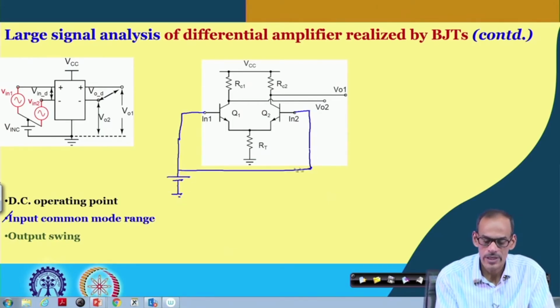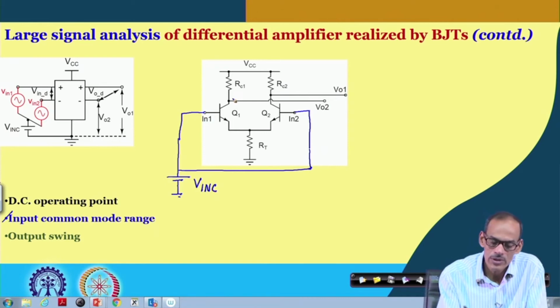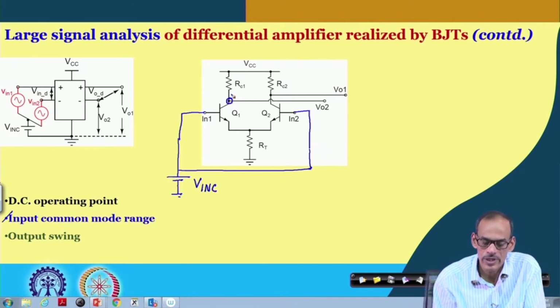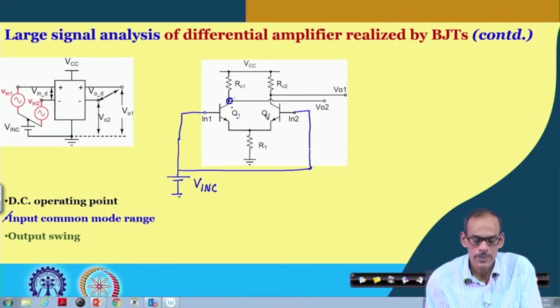Now, next thing is that once we have this Vinc, what may be the range of this voltage over which both the transistors remain in the active region of operation.